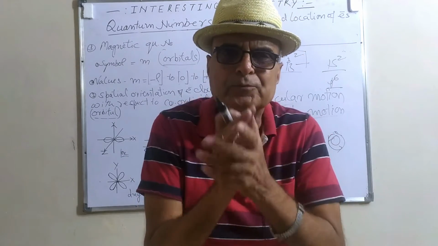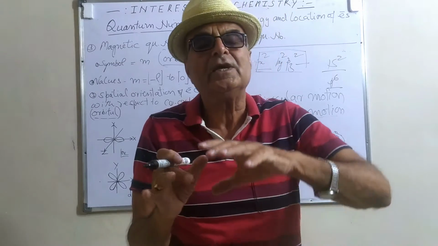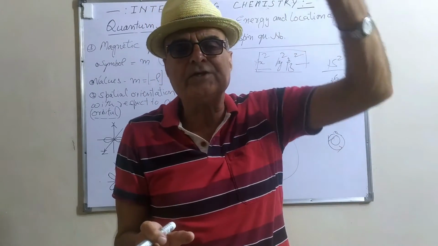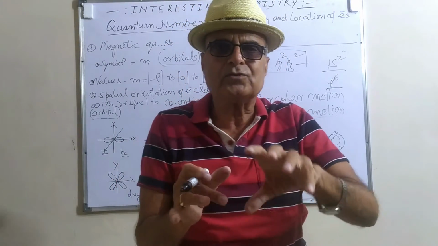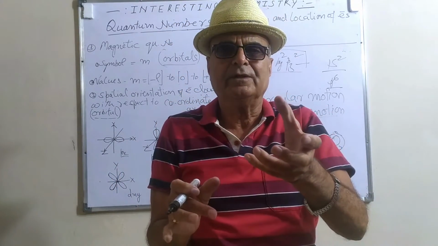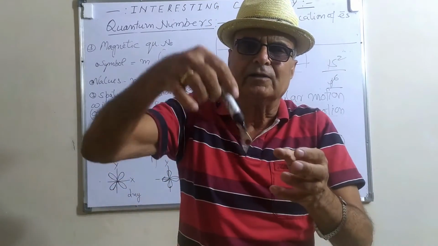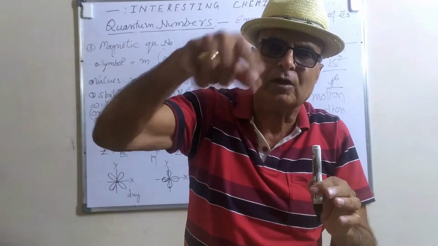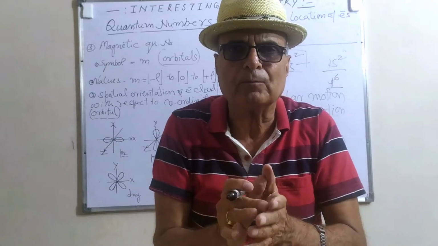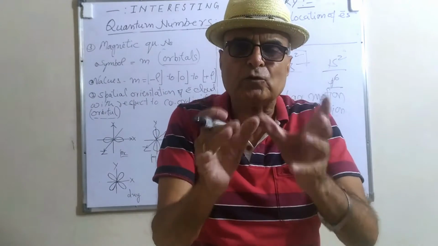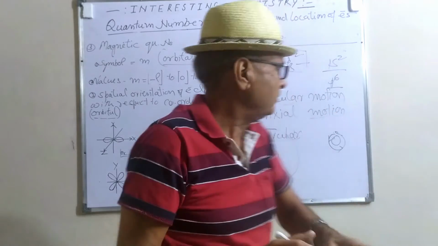Earth has 2 types of motion. One is that it revolves around the sun, and it also has an axial motion, revolving around its own axis. In the same way, an electron has 2 types of motion.